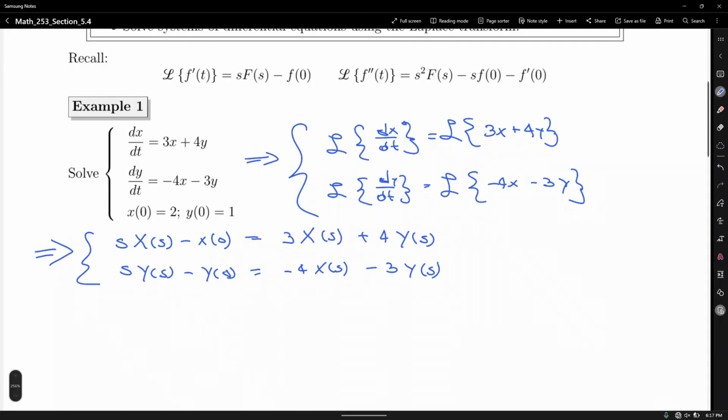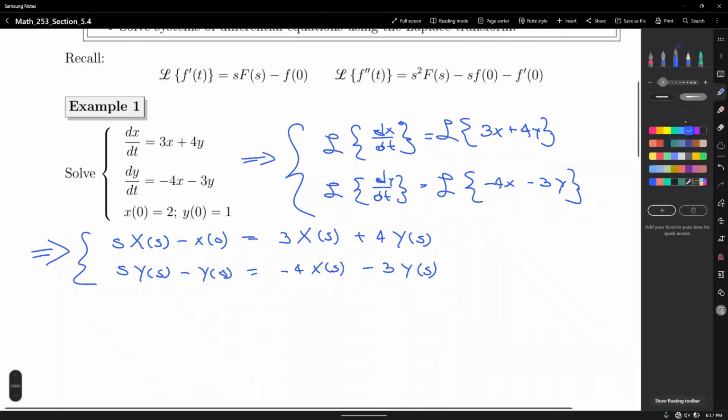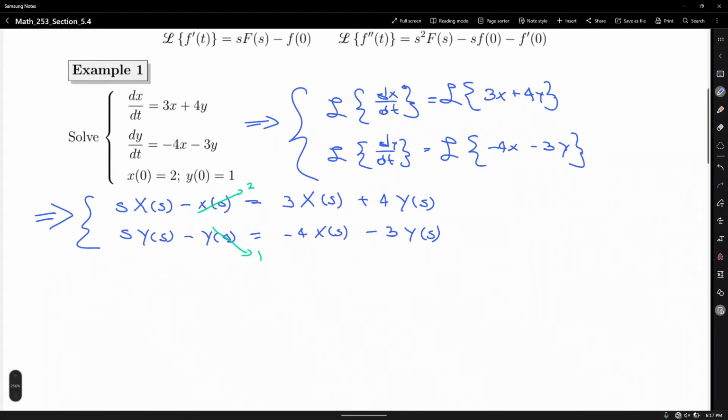Now let's substitute the initial conditions. What is x(0) equal to? Isn't that equal to 2? And what about y(0)? Isn't that equal to 1? Okay, so let's keep writing the system notation.